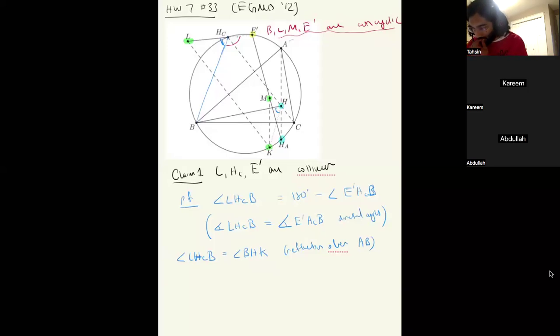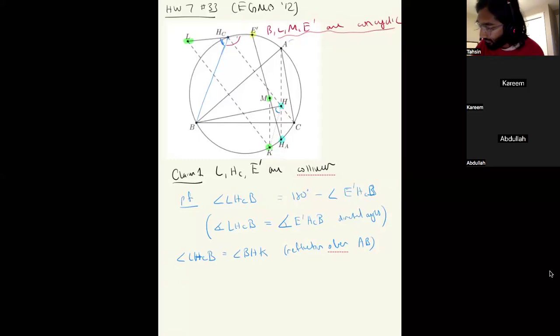So now, and then what? That was by reflection over AB, but now you can go one step further. H and K themselves are also reflections. Remember, at the very beginning we observed these are reflections of M and HA. If you take H and K and reflect over BC, you have M and HA. So you can say that BHK is the same as this angle here.